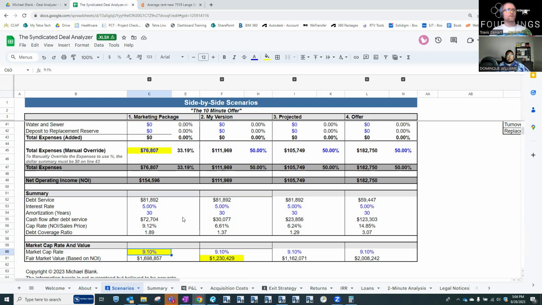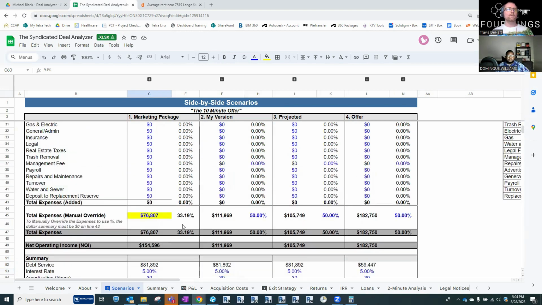If you're comfortable with looking at those numbers, and when you're looking at a deal, thinking, okay, these are the initial ones that I need to look for, you'll get faster and faster, and it will help build your confidence.